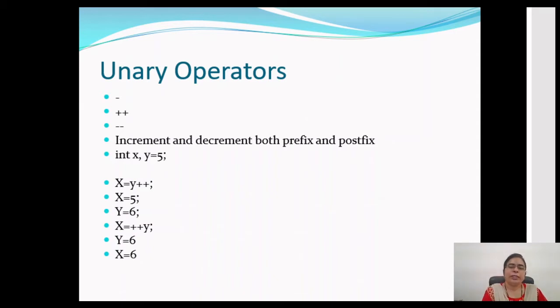Let us see this with the help of one example. Suppose we have the value of x and y as 5. Now we write x = y++. After the evaluation of this expression, what will be the value of x and y?